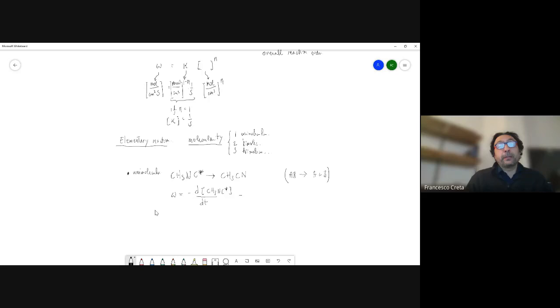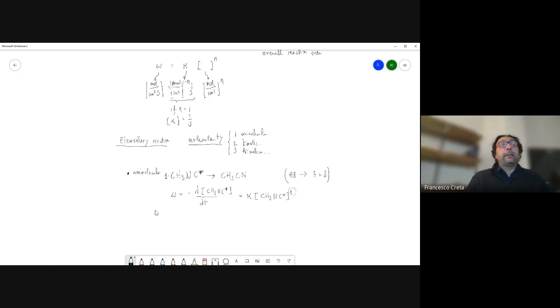By experiment, we find out that this is essentially a reaction rate times the instantaneous concentration of the molecule. So you see that the stoichiometric coefficient is 1. It completely coincides in this case with the exponent here, the reaction order.